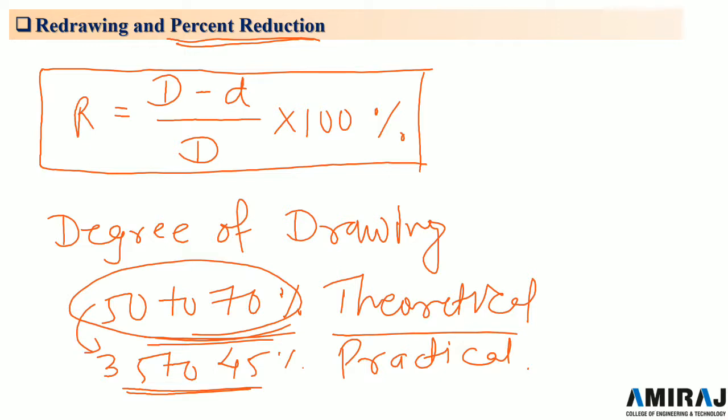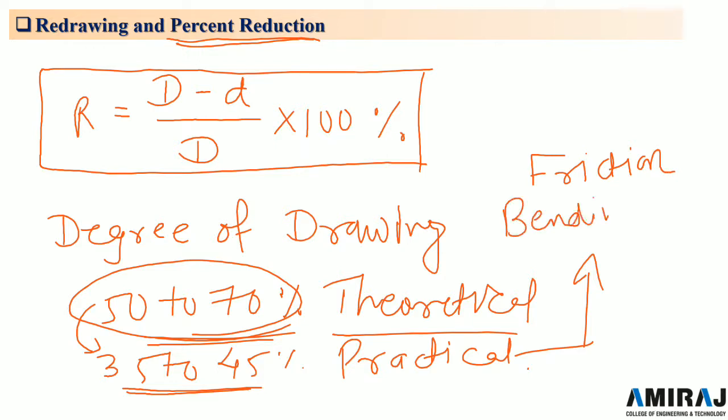Because in the practical case there is the presence of friction, as well as the bending force. Bending force is present, and friction is also present at the blank holder.